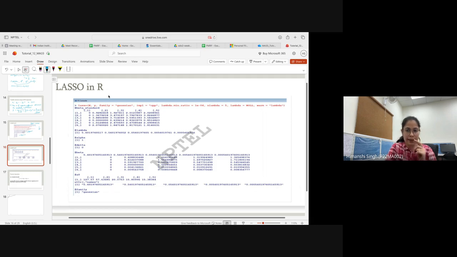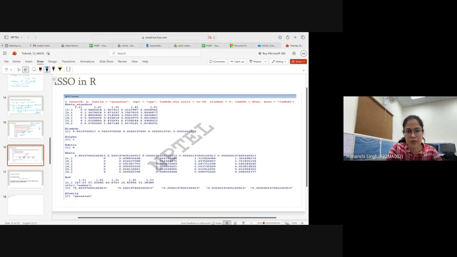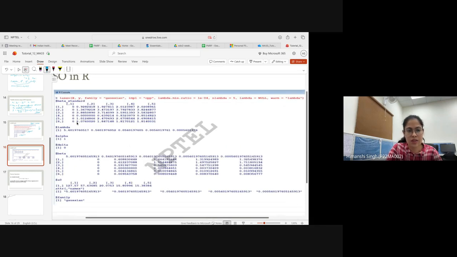And what we got using this code: if I write this command dollar beta.standard, we get this matrix. What does this matrix represent? These are nothing but the coefficients, all of them. This is for a particular lambda, this is for another particular lambda, and so on.